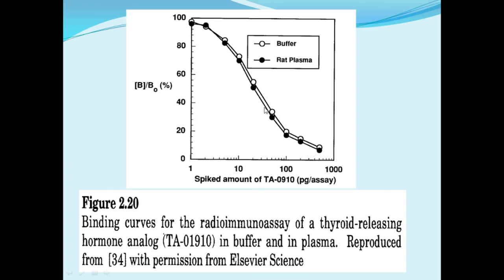These are binding curves for the radioimmunoassay of thyroid releasing hormone analog, that is TA 01910, in buffer and plasma, reproduced with permission from Elsevier Science.